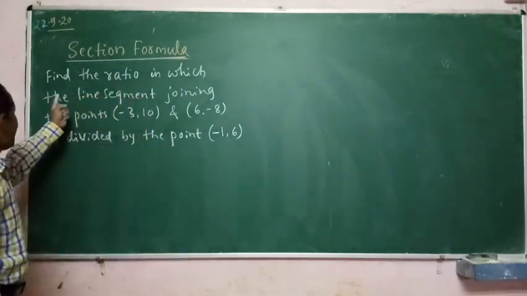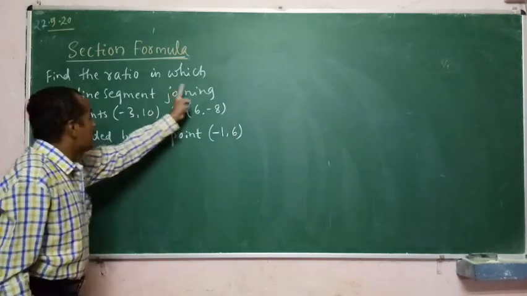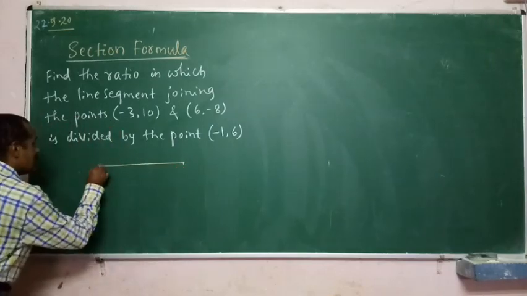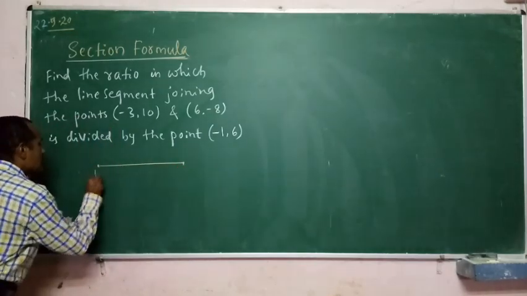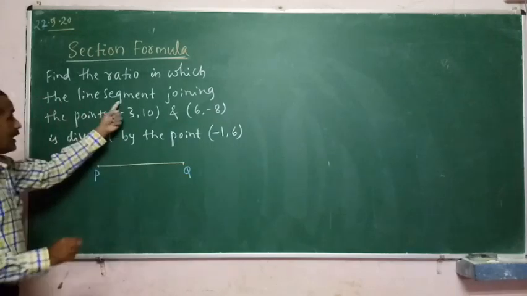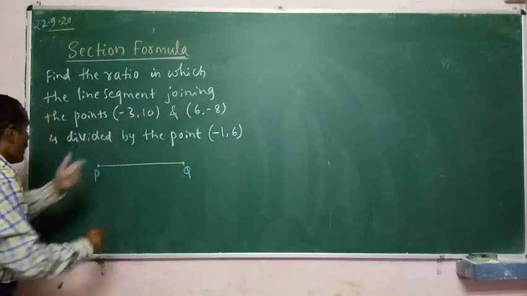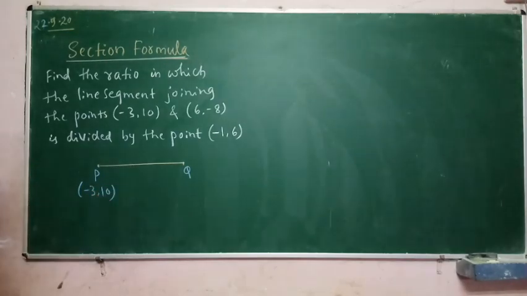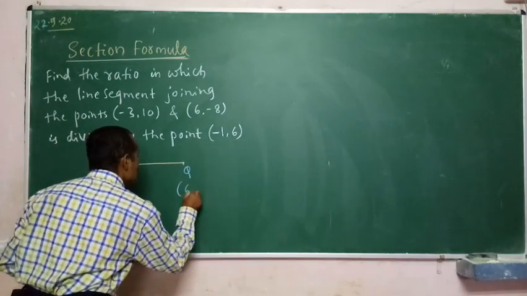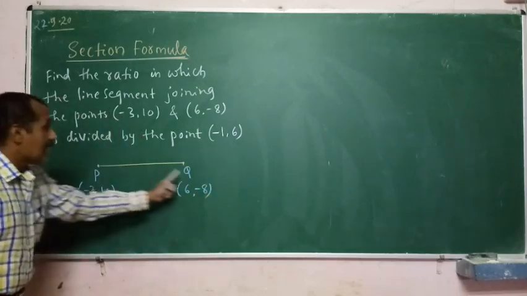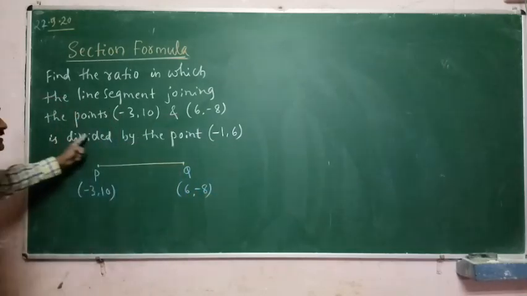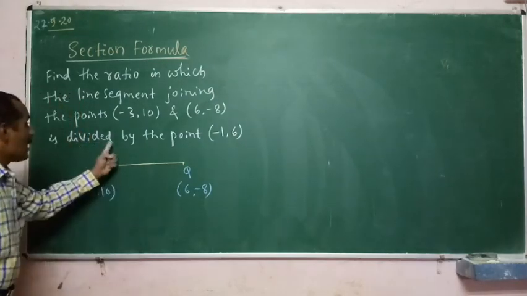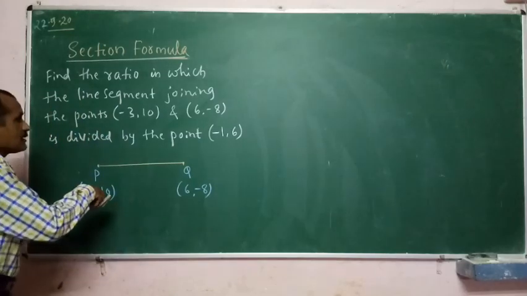The line segment joining the points, I will call it line segment PQ, joining the points (-3, 10) and (6, -8), is cut by the point (-1, 6).